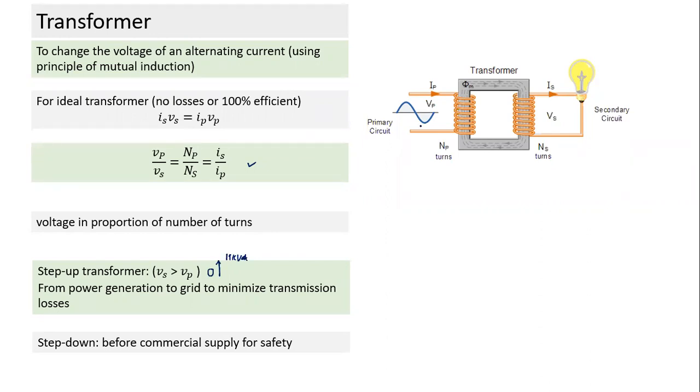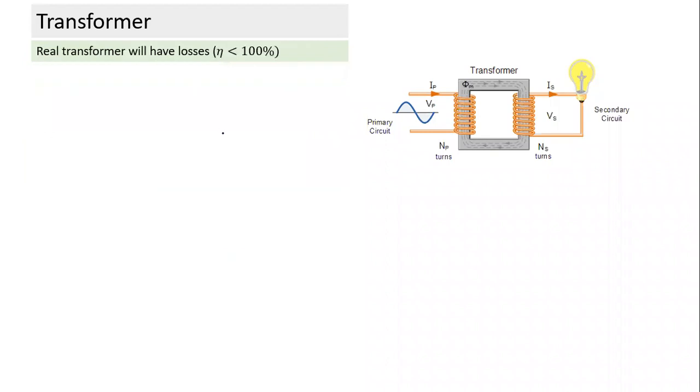Even at home, chargers for batteries also work as a transformer. And this mutual induction, the principle we use, is possible only when the current and voltage are oscillating. It is possible only in case of AC. And this is a basic equation, very simple.